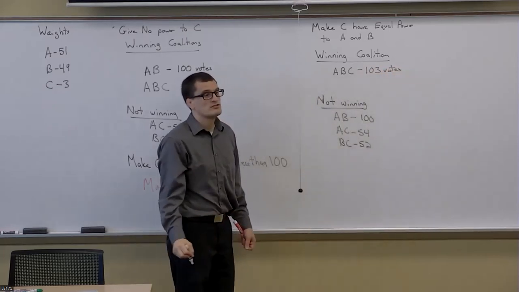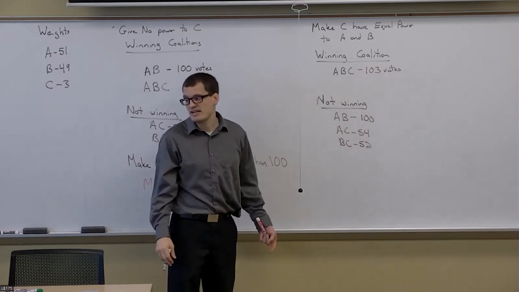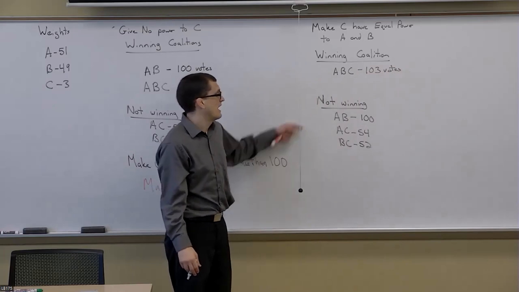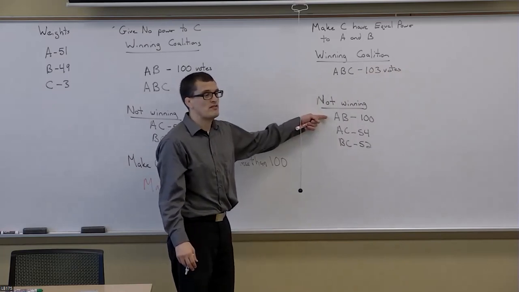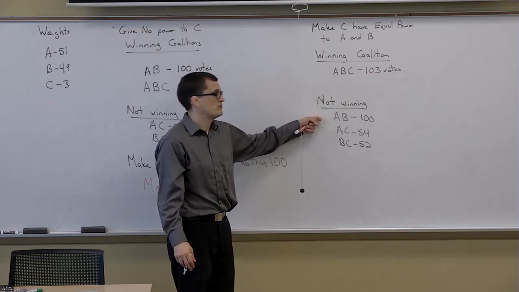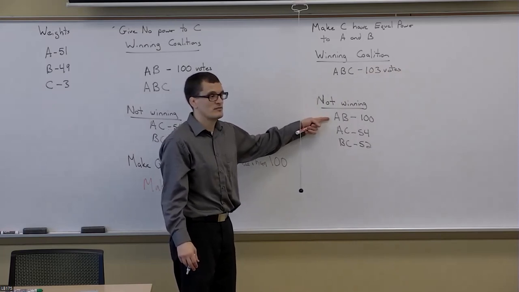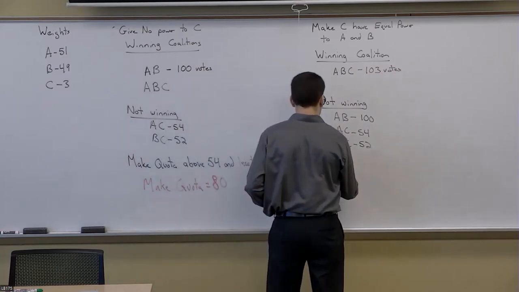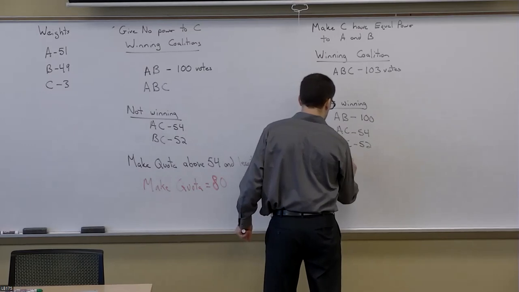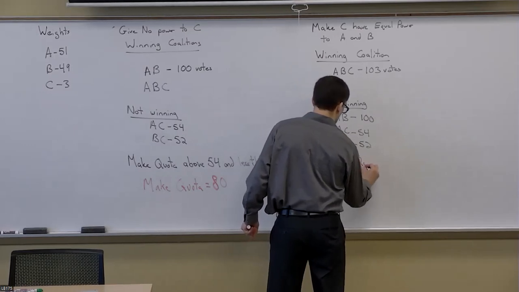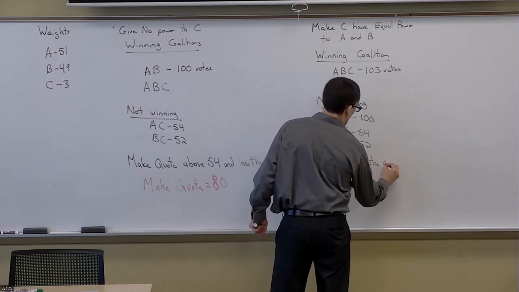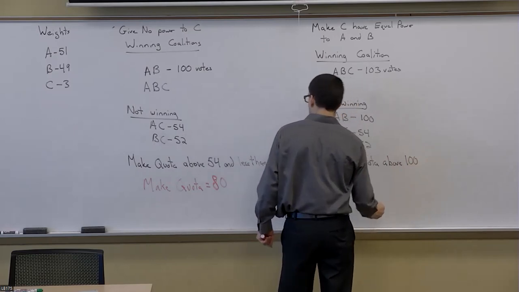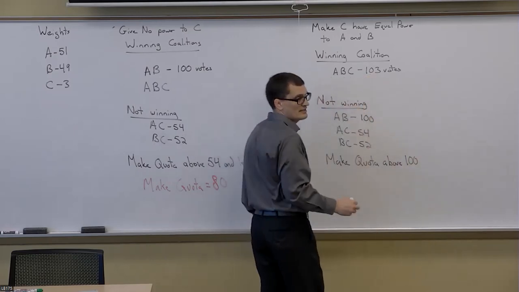So what I need to do in that case, if I want C to have equal power to A and B, is make sure my quota is above 100. If it's below 100, then A, B still wins. So I want my quota above 100 and less than or equal to 103.